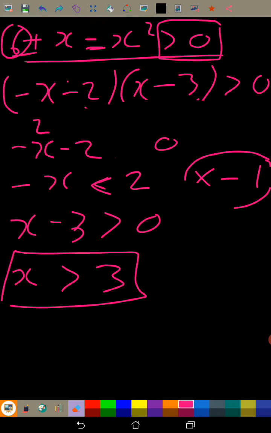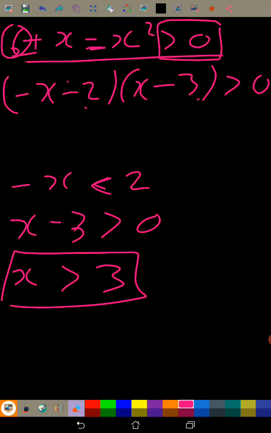I have been preparing for this lesson and now I understand a little bit better what's going on here. So just an insight. We have minus x minus 2. Can it be greater than 0? No, it should be less than 0.